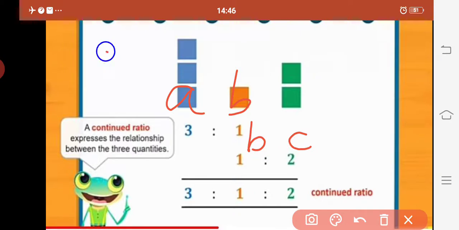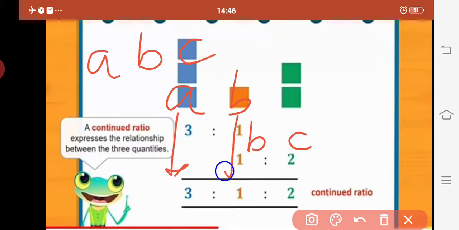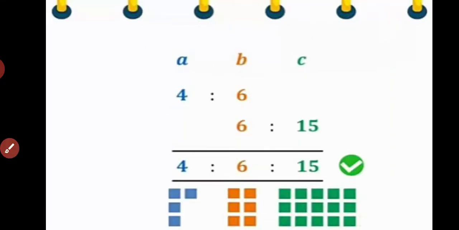Now what you are asked to calculate is A:B:C. So A is as it is 3, B is, since it is common to both ratios, written once as 1, and C is 2. Therefore A:B:C is 3:1:2. Is that clear?